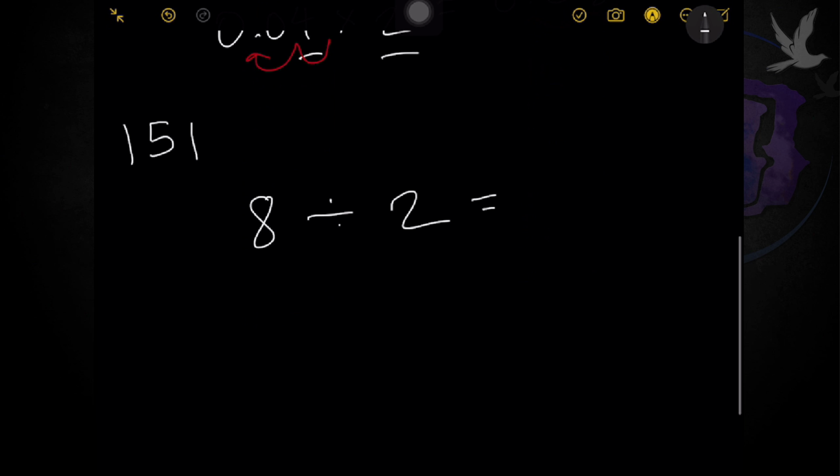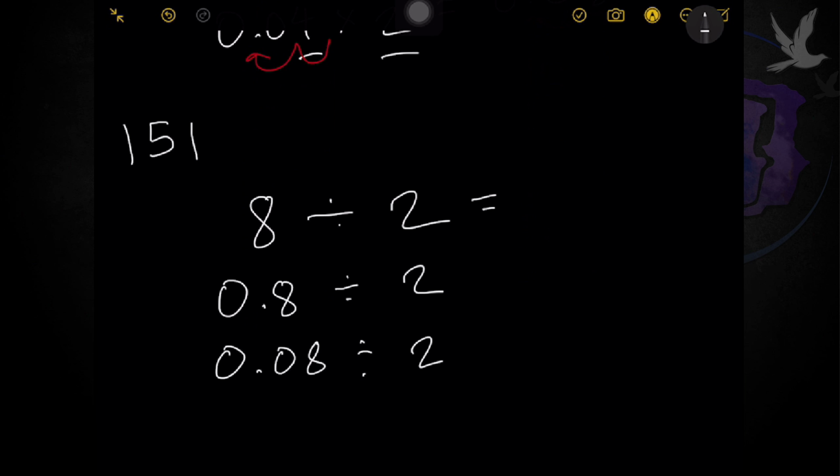Here, it's quite similar because the first value is still the one we are changing, changing it to a decimal, moving decimal places still. Then 0.8 divided by 2, then 0.08 divided by 2.